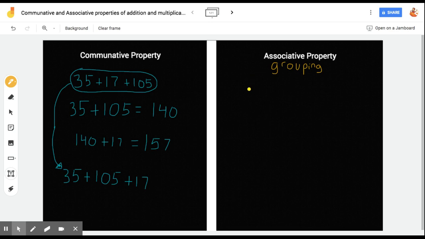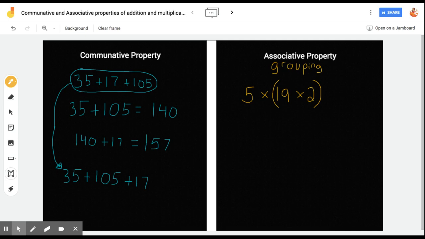And for the associative property, I'm doing multiplication as the example. So let's say that I have 5 times 19 times 2. And 19 times 2 is grouped.